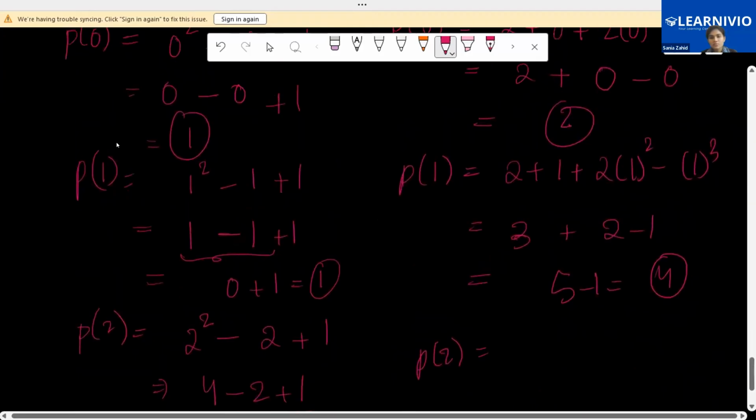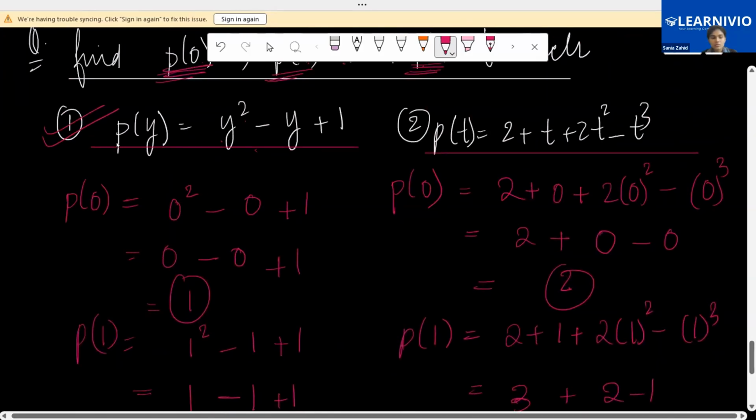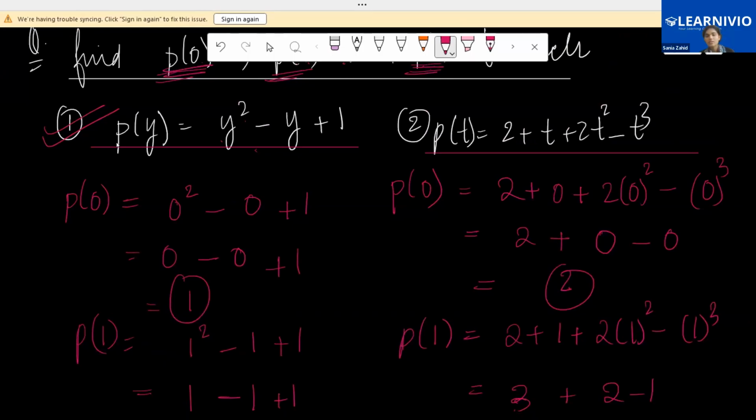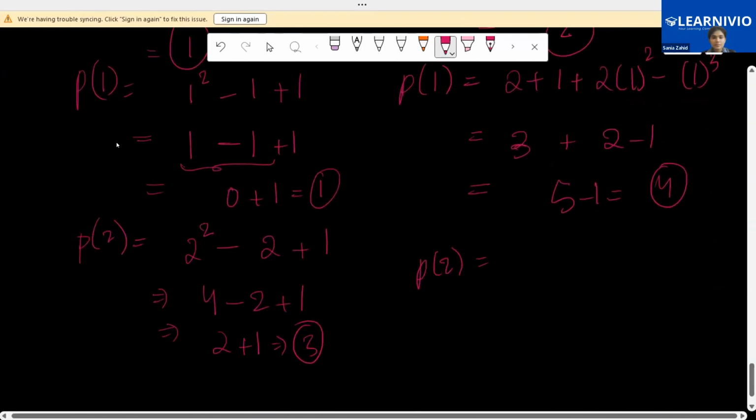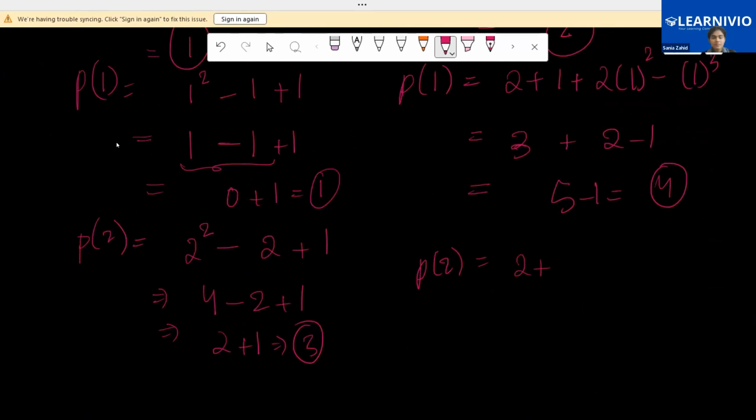Okay, so can I write out the question so that when I'm solving it, it's easier? Yes, write the question quickly. 2 plus 2 plus 2 into 2 square minus 2 cube.